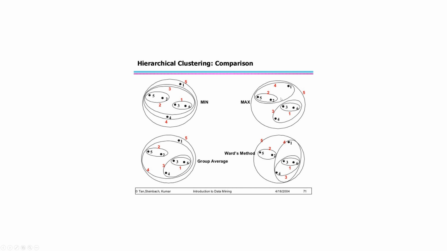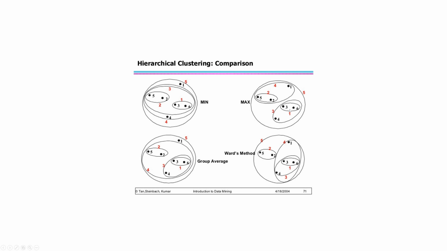So you can see that this is getting connected. 3 and 6 is first getting connected. Next it is getting connected with 4. But here, 3 and 6 is getting connected with this group in the minimum of minimum. In the case of the maximum condition, 3 and 6 are getting connected as before, because that's the starting point.